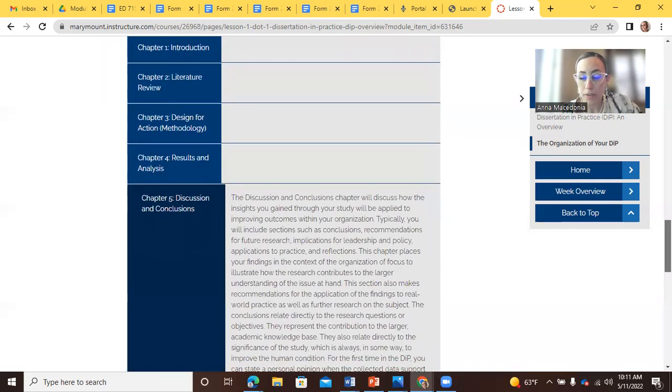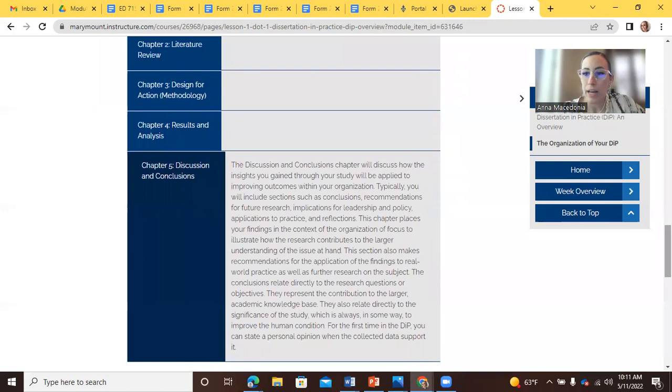Typically you include how your findings connect to previous research from your chapter 2. You also include recommendations for future research. You would address the limitations of your study, and how those limitations would be addressed in future research, in addition to including information about implications for leadership and policy, and applications to practice and reflections.